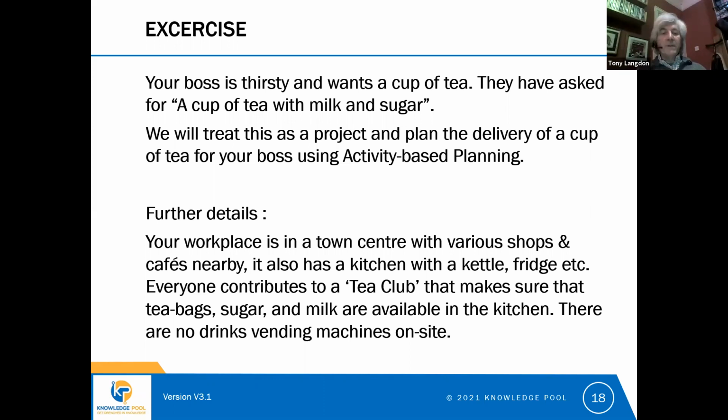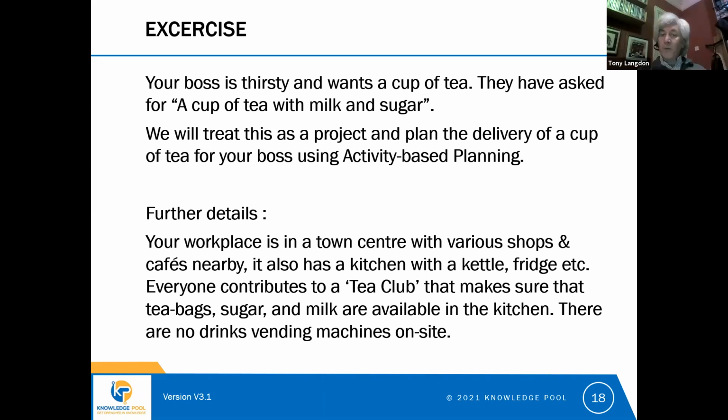Because the list of tasks that you will need will be very different depending on your approach. So if we decide to make a cup of tea in the kitchen using the kettle and the tea bags and everything else that's available, the tasks that we need to do will be very different than if we decide to go out to a cafe nearby and buy a cup of tea with milk and sugar.